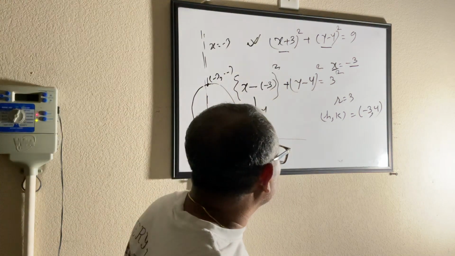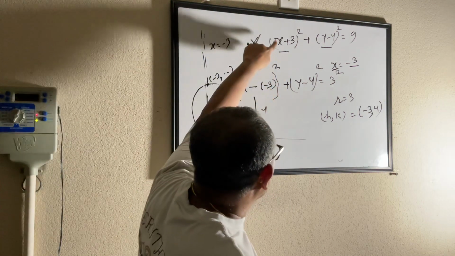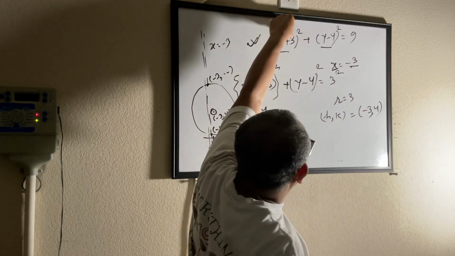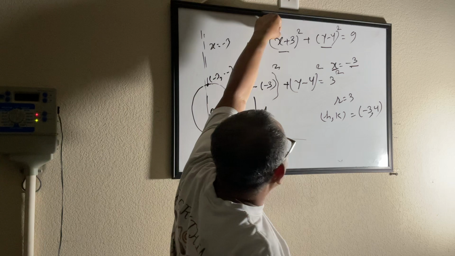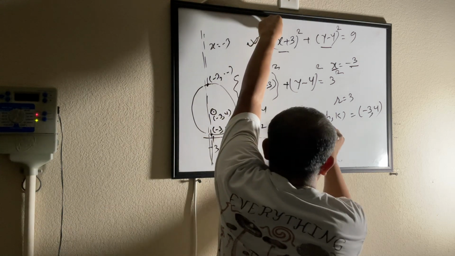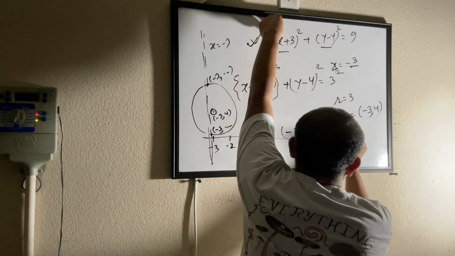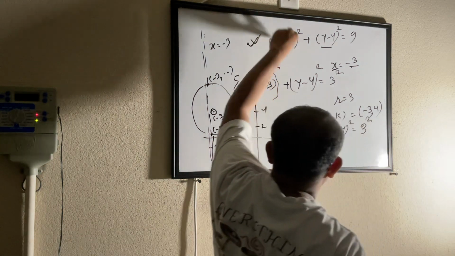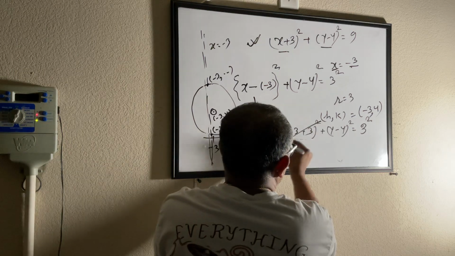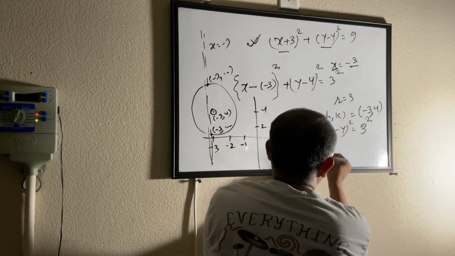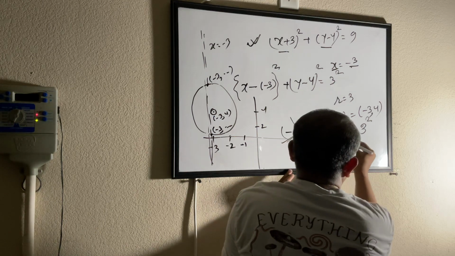Now let's look at the algebraic part of it. X is minus 3. So minus 3 plus 3 square plus y minus 4 square equal to 3 square. Minus 3 plus 3 becomes 0, that gets cancelled out. So you have y minus 4 square equal to 3 square.